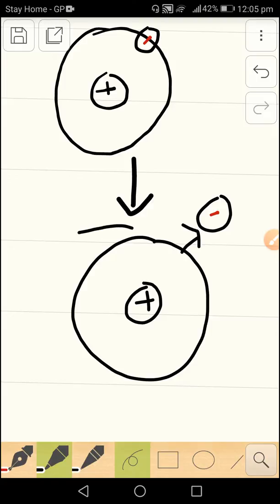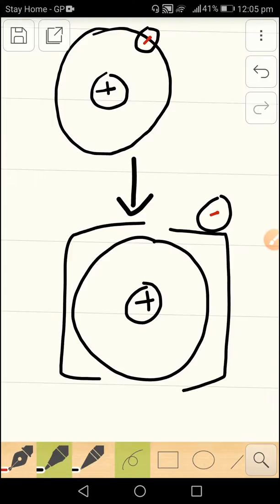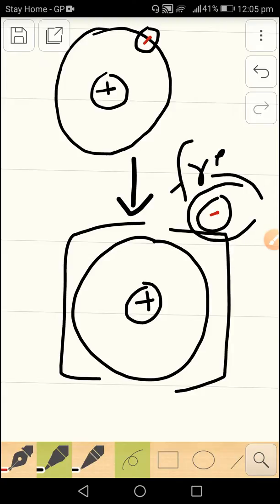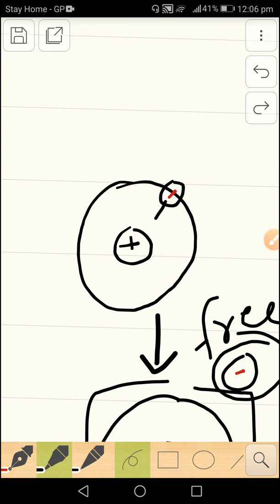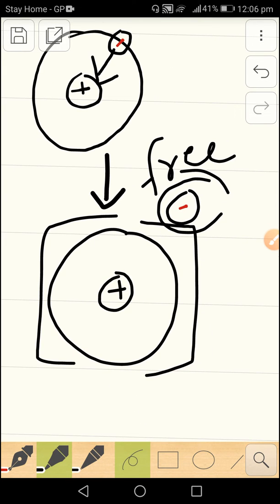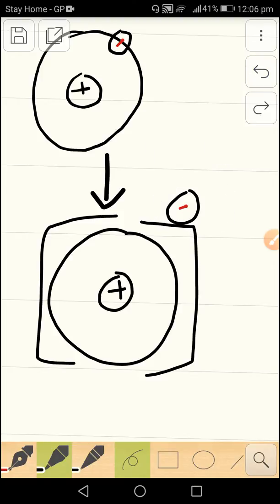So what we are left with is a positive metal ion and the electron, which has now become free, because initially it was held by the attraction of the nucleus, isn't it? But right now this electron is free.